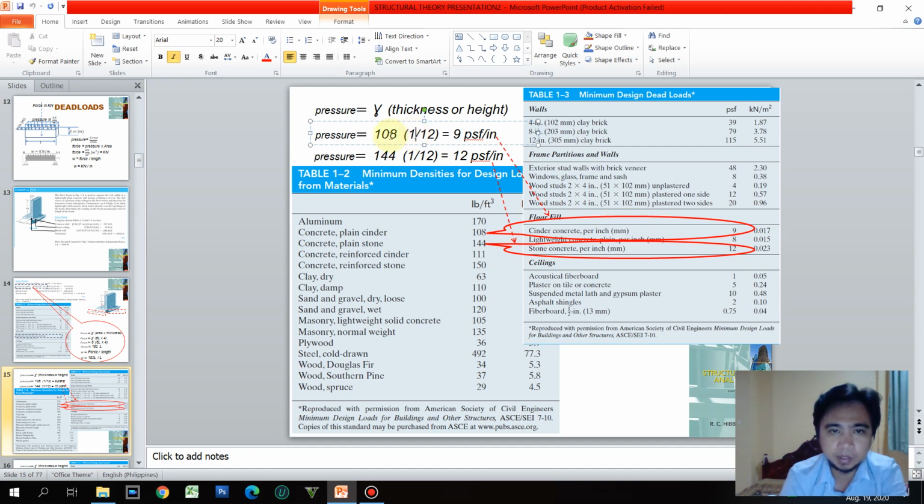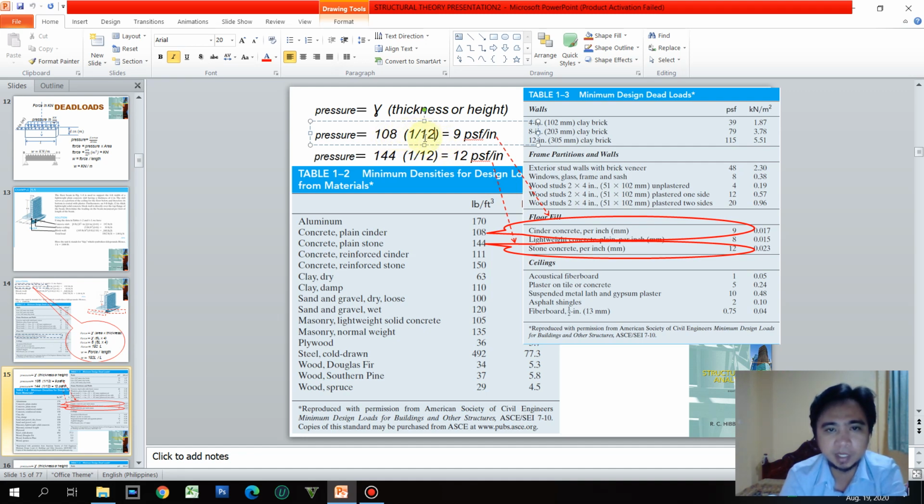Why is it that 1/12? Because this 108 here is pounds per cubic feet. We wanted to express a thickness that is in terms of feet also. But in table 1-3, we wanted to express it in terms of inch. Therefore, 1 foot is equal to 12 inches.